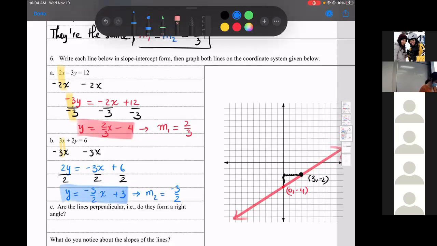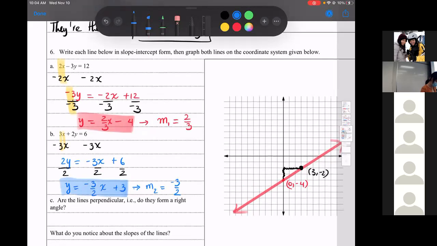All right, let's graph this. What's the y-intercept? (0, 3). I'm sorry, yeah, the y-intercept, my bad. The y-intercept is (0, 3), up here. And then from there, what do you do? Go down 3, then go right 2.